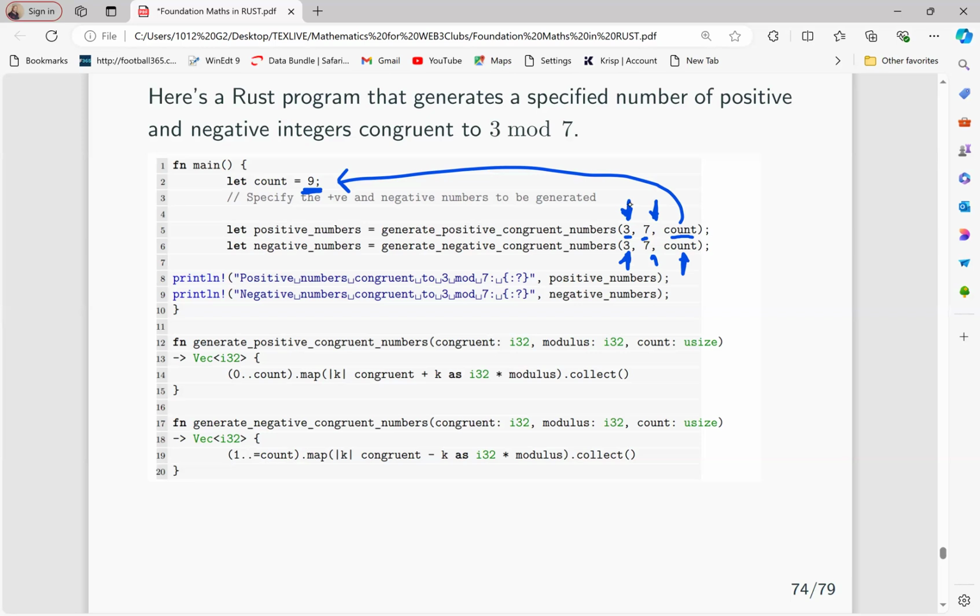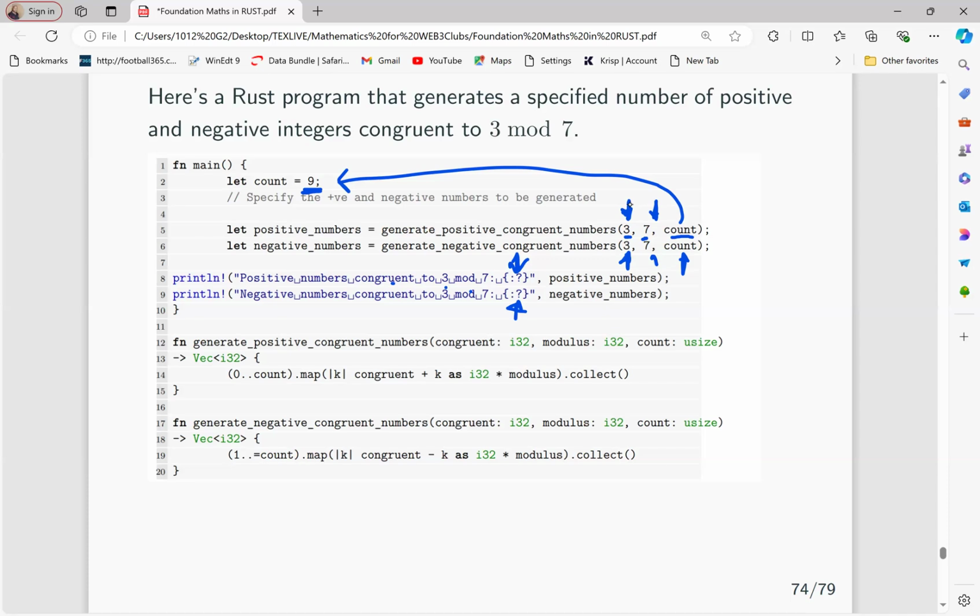Then it will print 2 results. The first result will be the positive numbers congruent to 3 mod 7 are, and it lists them here. Then it prints negative numbers congruent to 3 mod 7 are, and lists those negative values here.